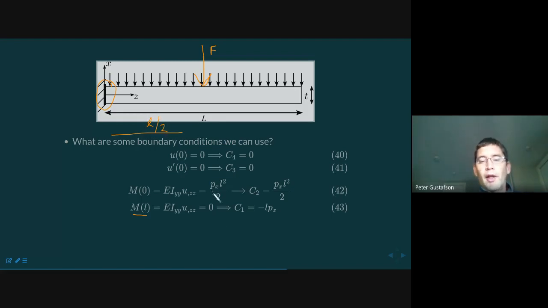And so here, that shows up right here. So the moment at the left edge is the total resultant force px times L times the moment arm L over 2. And so the combination of these two moments that we've now computed gives us these last constants, C1 and C2.